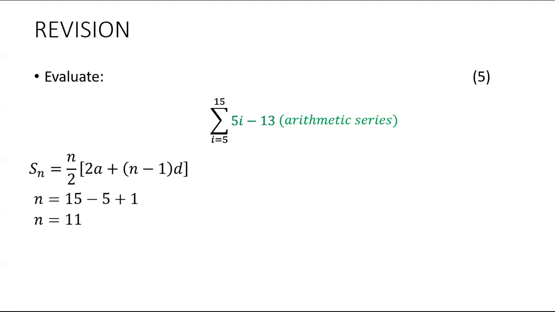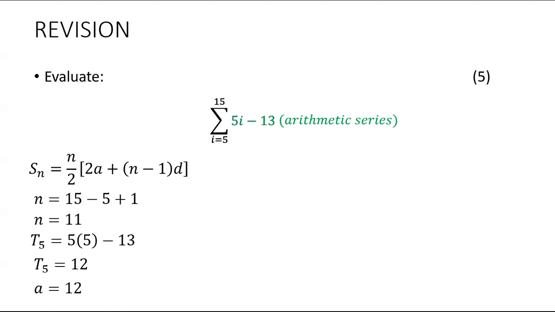We use the general term given in front of the sigma notation, where Ti equals 5i minus 13, and where there is i, you substitute 5 and find the fifth term, because we are going to start adding from the fifth term, indicating that a will be 12.